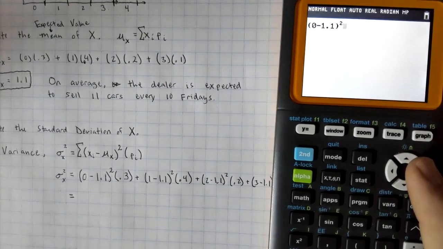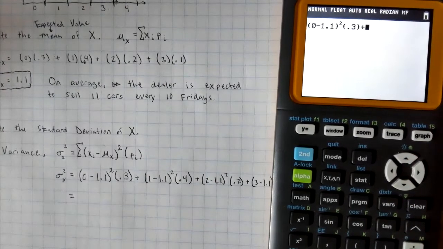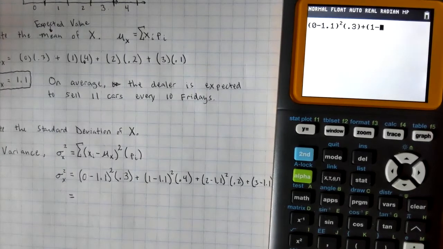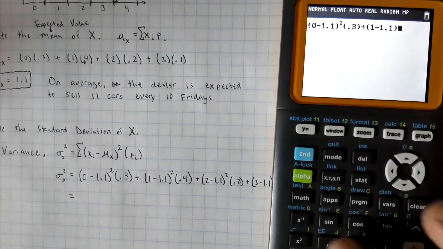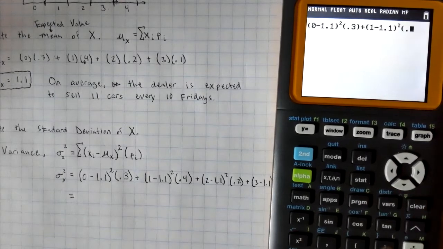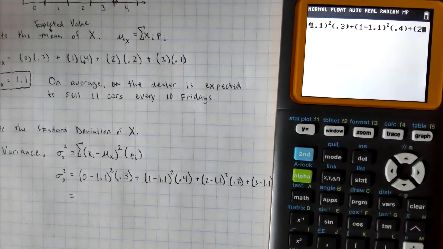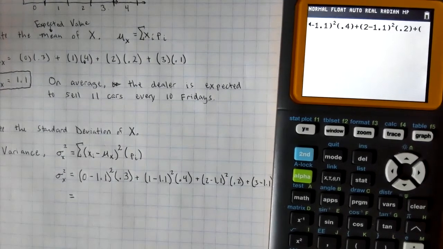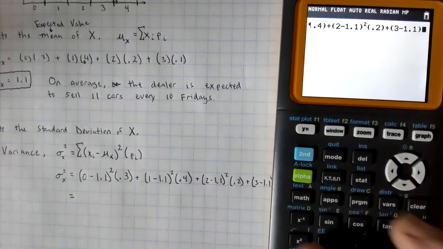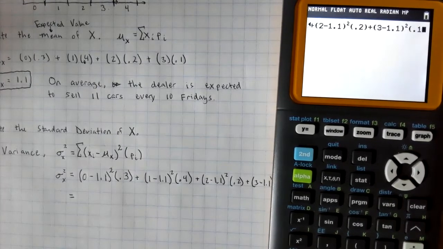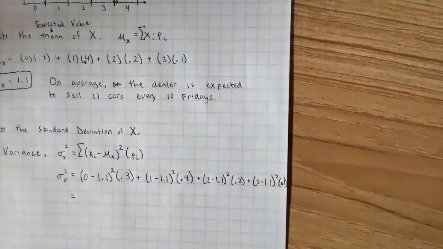So I've got 0 minus 1.1 squared times 0.3 plus 1 minus 1.1 squared times 0.4. Now you're probably better off just doing this piece by piece. Might have far fewer errors that way, but I'm kind of lazy, so 2 minus 1.1 squared times 0.2. Finally, 3 minus 1.1 squared times its probability of 0.1. All right, so I got 0.89.